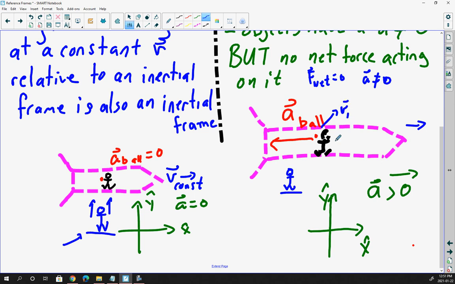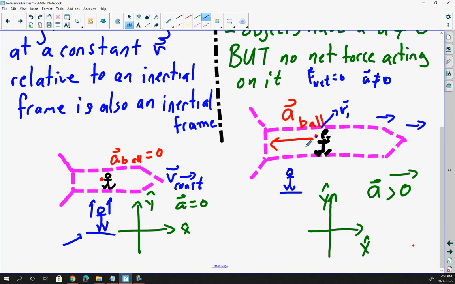And it's going to continue moving at velocity 1 because the person's not holding on to it anymore. But the rest of the spaceship has started to increase its speed. So the spaceship is moving faster and faster forward, while the ball is only going to be moving forward at the velocity it had when it was released. So eventually, the back end of this spaceship and the ball are going to have a collision.